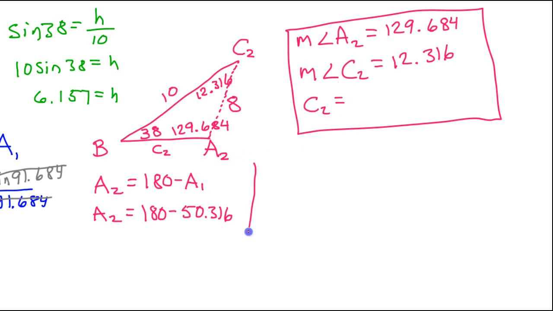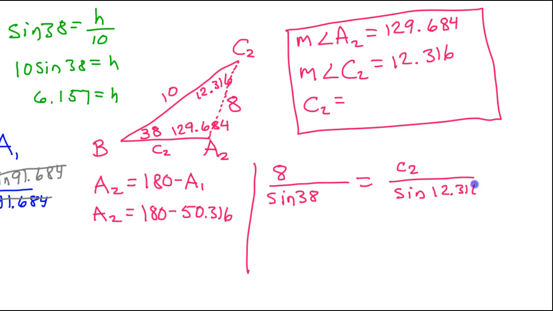Now I can find the length of side C2 using the law of sines. Because I'm looking for a side, I'm going to put my sides in the top. So I'm going to say 8 over the sine of 38 is equal to side C2 over the sine of 12.316.